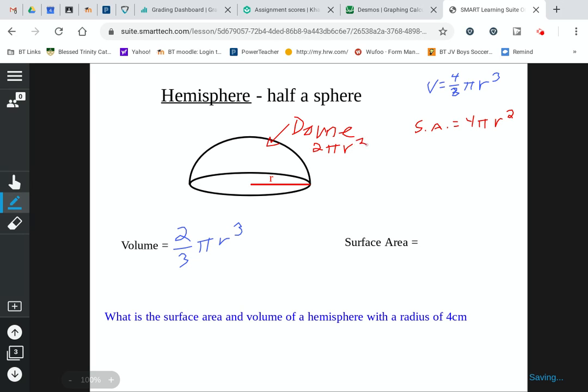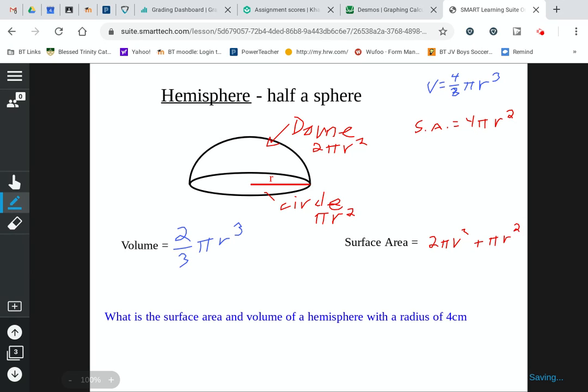But what you see is when we cut the hemisphere in half, we have the circle on the bottom. So you have to think about this as we have the dome and we have a circle, which is another pi r squared. So that is going to be 2 pi r squared for the dome plus another pi r squared.